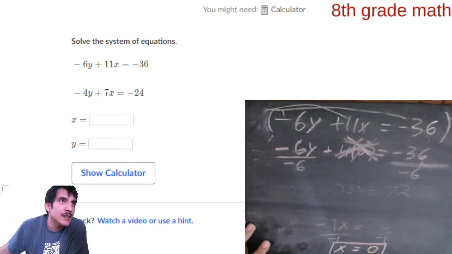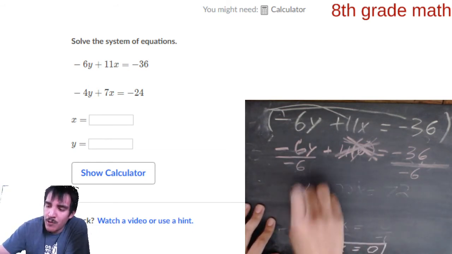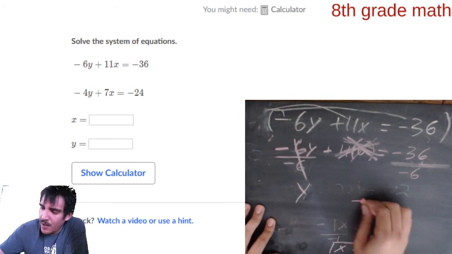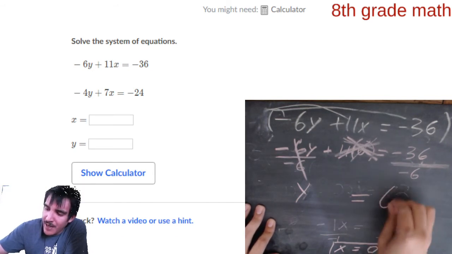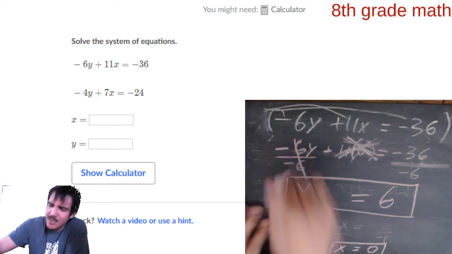Okay? So once we do this to both sides, we're going to get 1y, or just y, equals negative 36 divided by negative 6. That equals a positive 6. So you are left with y equals 6.